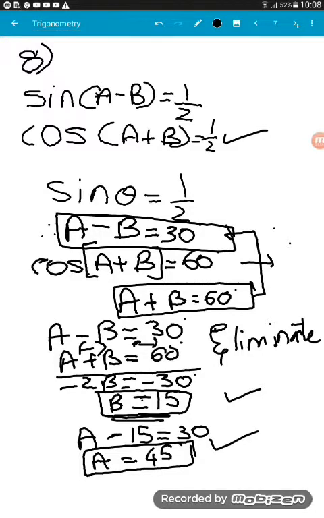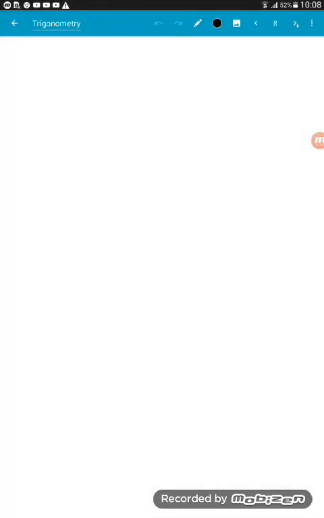Now we will move on to the exercise. Exercise number 1. It is given, evaluate the following. That means find the value of the following.